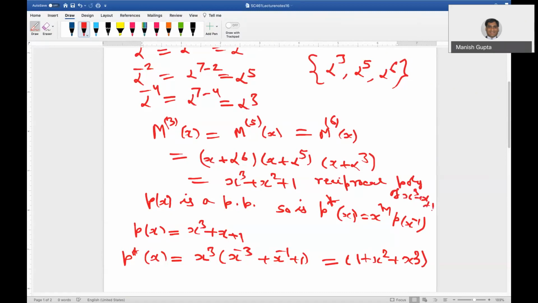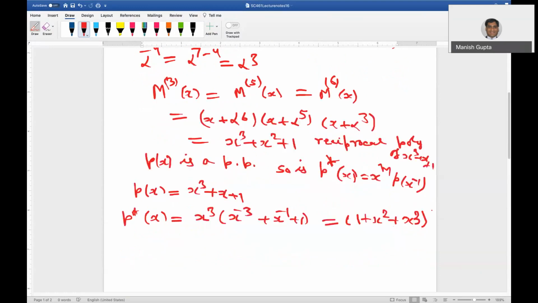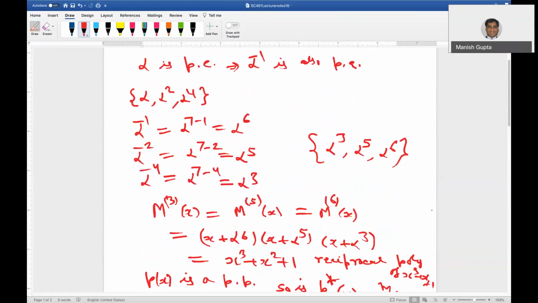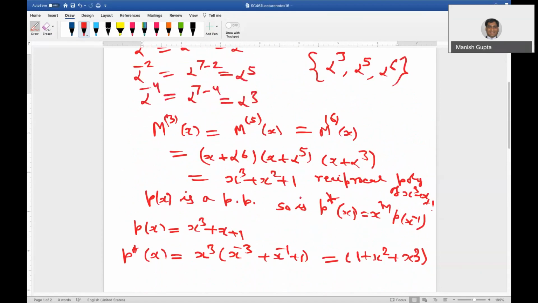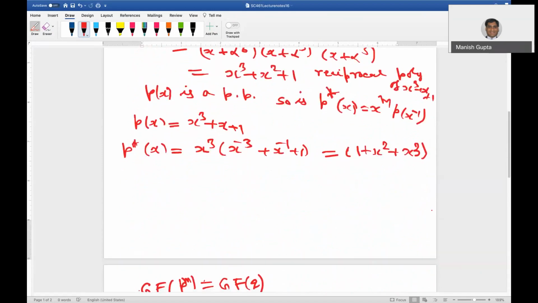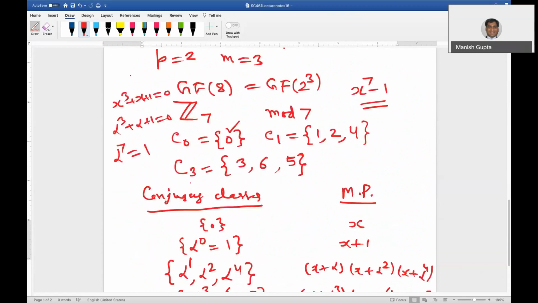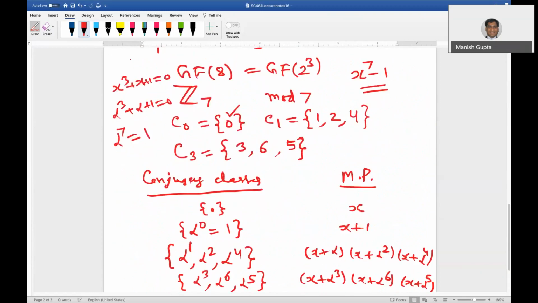So this is an interesting relationship, right, between field and its primitive elements, and so the overall factorization of x raised to 7 minus 1 will be, the first factor will come from x plus 1, this cyclotomic coset, then this one and this one.